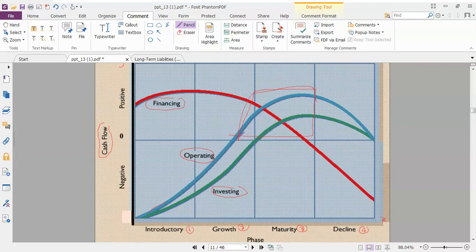Our cash flow starts from the growth phase until the maturity phase, increasing. Why? Because we can sell our product, and many customers can buy our product.